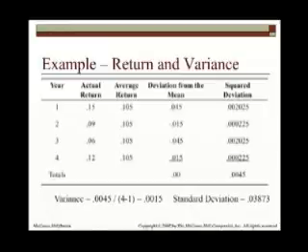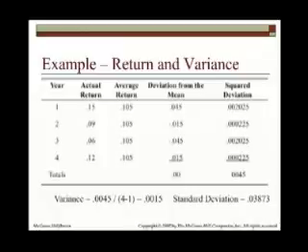Notice next to each return we've put the average return, and from the actual return we've subtracted the average return. So 0.15 minus 0.105 is 0.045. And 0.09 minus 0.105 is minus 0.015. 0.06 minus 0.105 is minus 0.045.